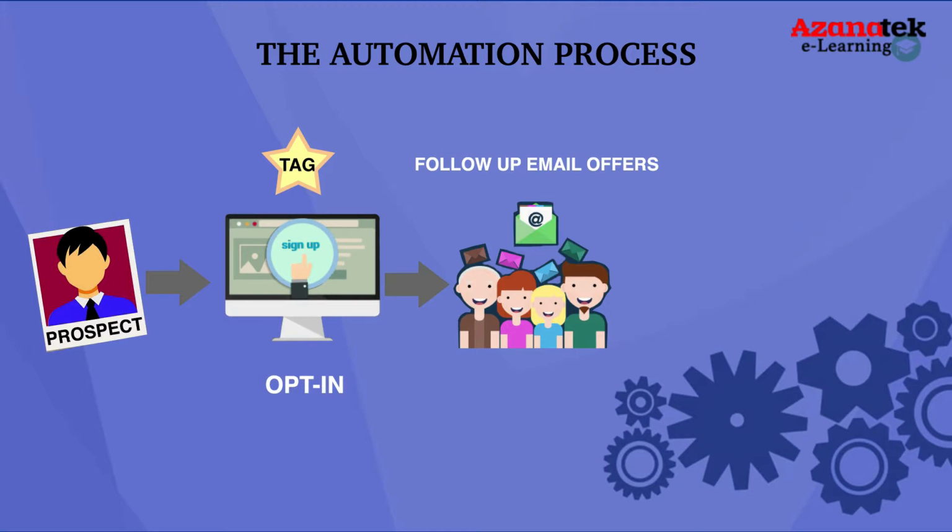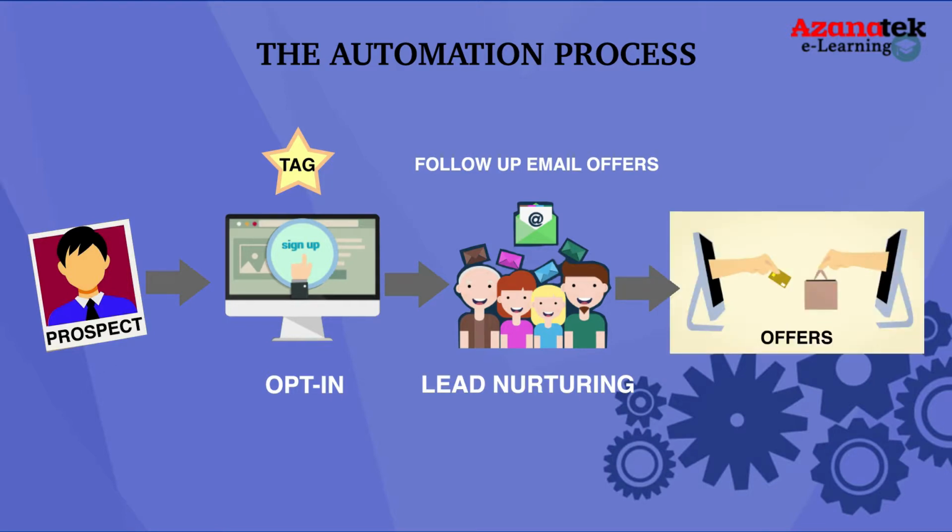So the client is in your lead nurturing process based upon how he came into your marketing funnel, and over time he sees your offer and that prospect then becomes a customer. Again, very simple. The only difference here is we're able to tag that client and trigger processes further down the road through automation, which is what we'll explain here.